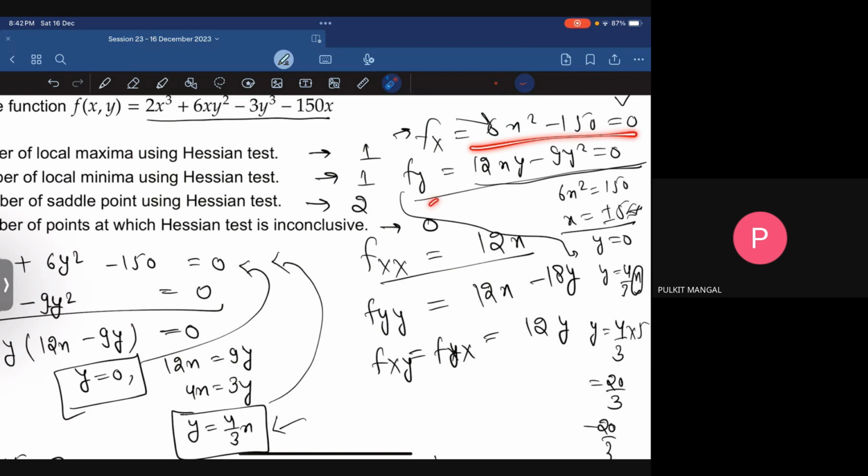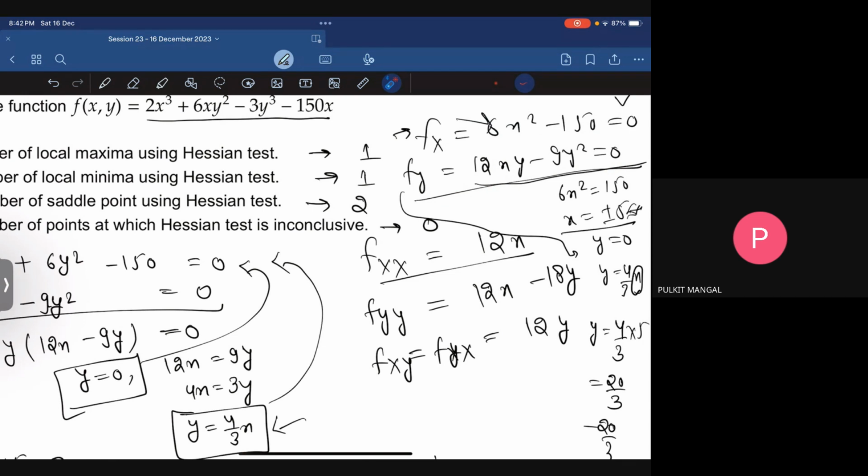If both equations are not correlated to each other, that is, if I remove x from here also, then you will get two values of x and two values of y, 12y minus 9y square. So you'll get two values of x and two values of y. Then you need to make pairs because both equations are not correlated to each other.